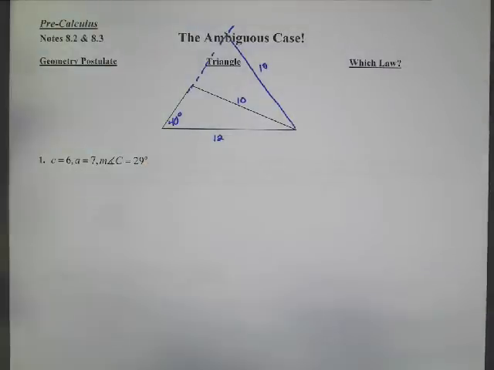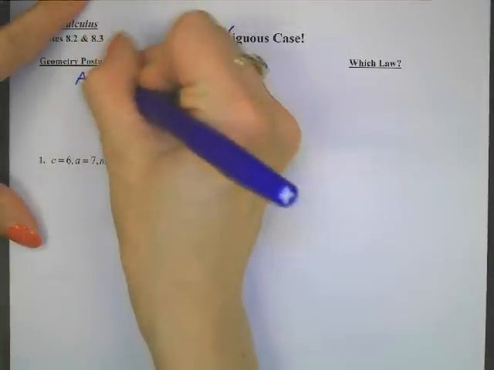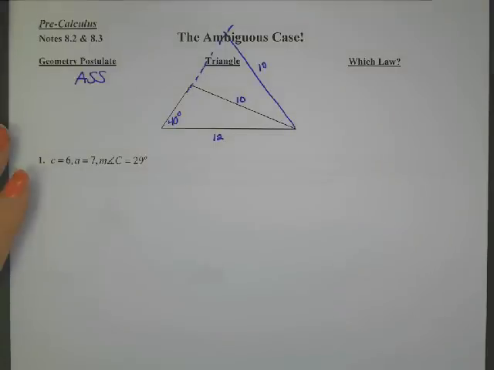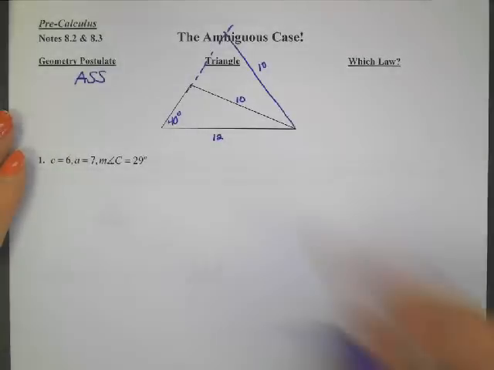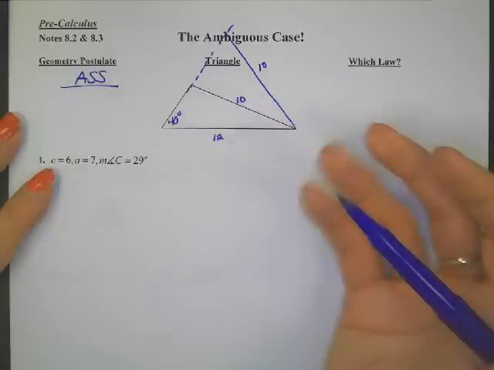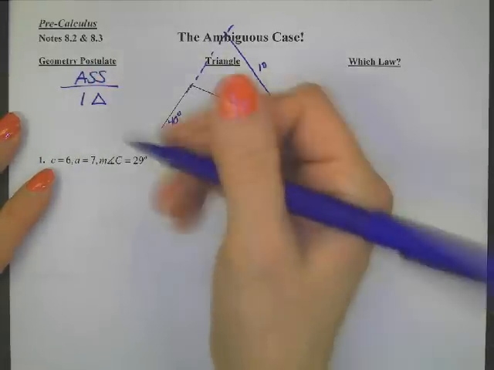And so what you have here is the angle side-side postulate. Do you remember learning the angle side-side postulate in geometry? Of course not. We do not have a postulate like that because it doesn't guarantee a triangle. If you have an angle side-side, you could get one triangle that is formed.